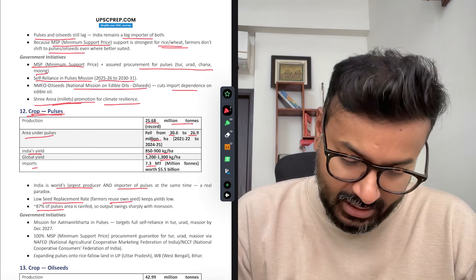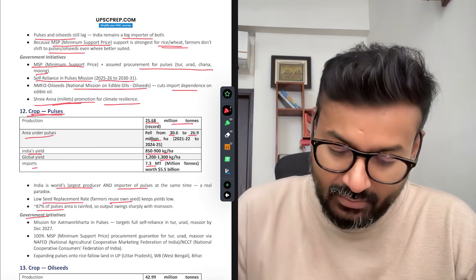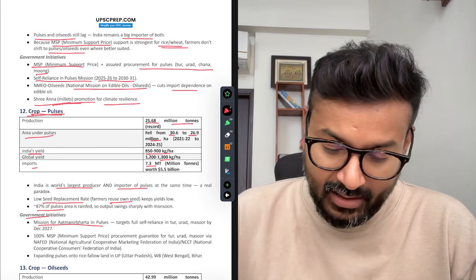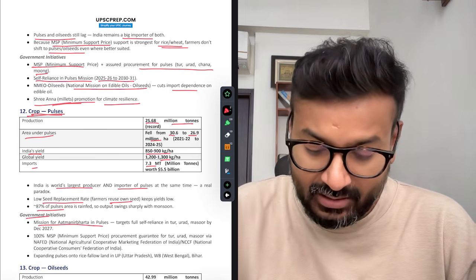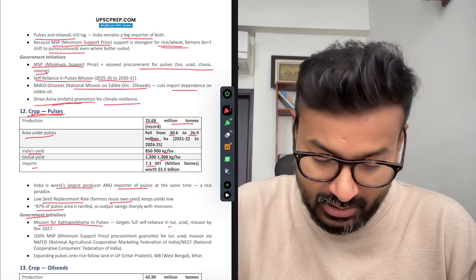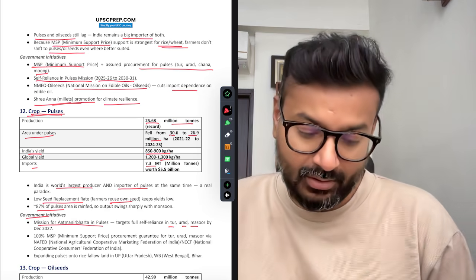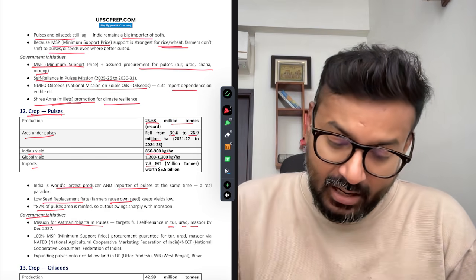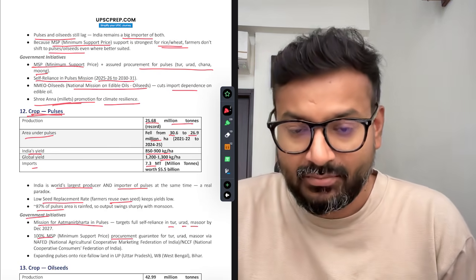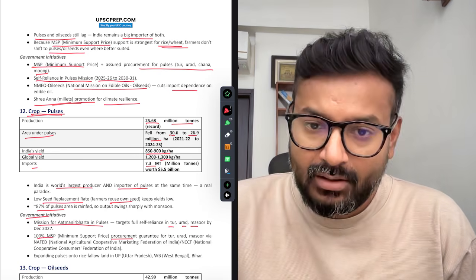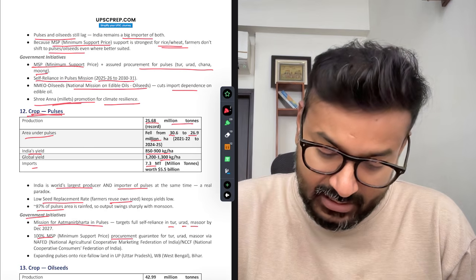What are the government initiatives here? We have the mission for Atmanirbharta in pulses, okay, where we are targeting self-reliance on specific types of pulses like tur, urad, masoor by December of 2027. We have also guaranteed 100% MSP procurement for tur, urad, and masoor via NAFED and NCCF.